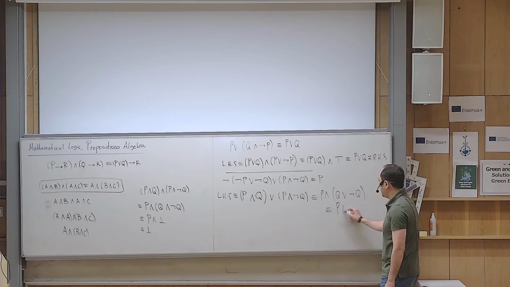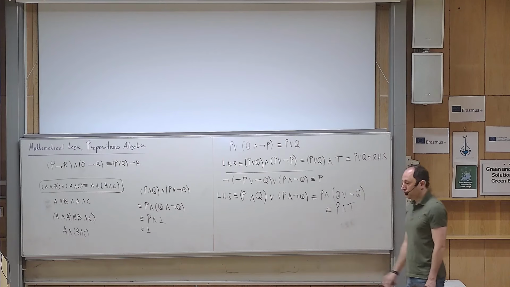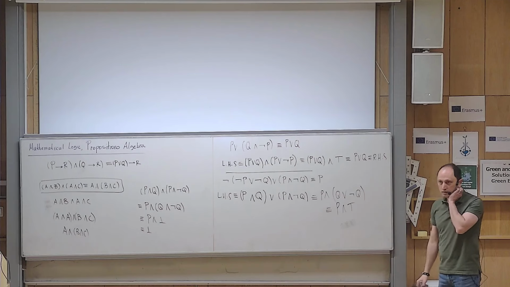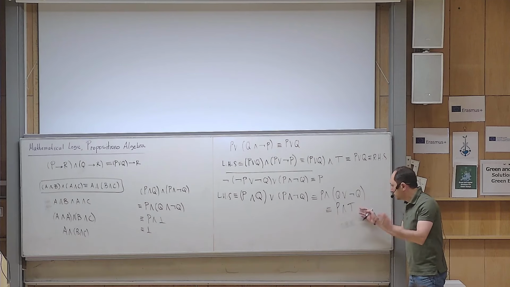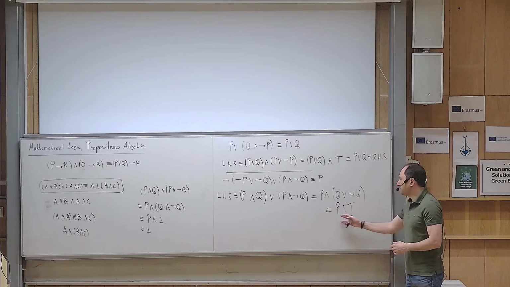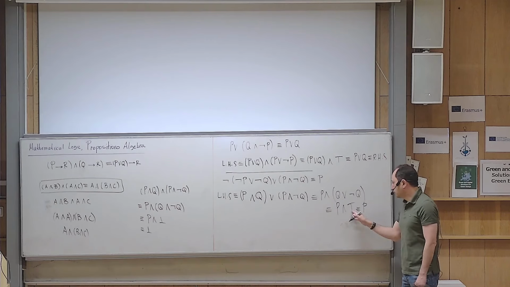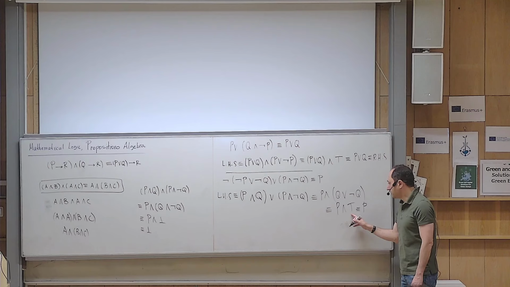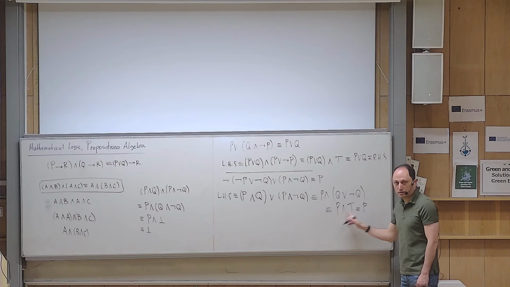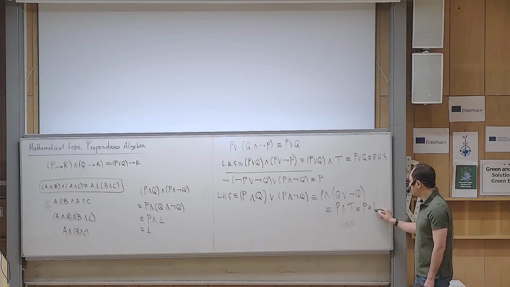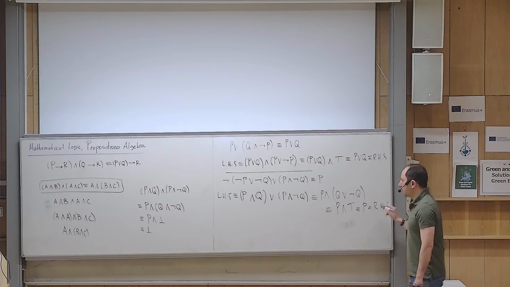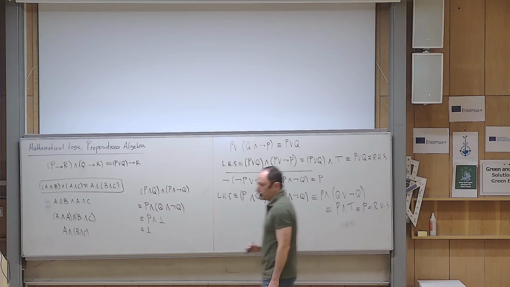So it becomes P and a tautology. And what is P and a tautology? If P is true, T is true. If P is false, false and T is false. So in principle, it is always P. I told you, tautology is the identity element for this operation. So it is P and it is equal to the right hand side. So I was able to show this equals to that. Okay?